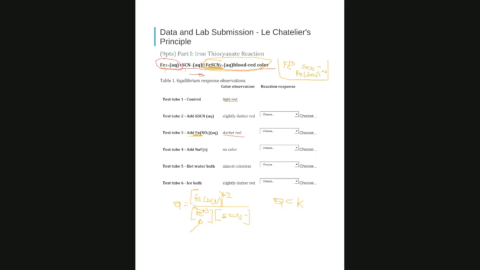So the reaction needs to shift towards the product. And also you can see in the summary that if Q is smaller than K, the reaction shifts towards the product. You will see that summary and you can read that again. Does it make sense?